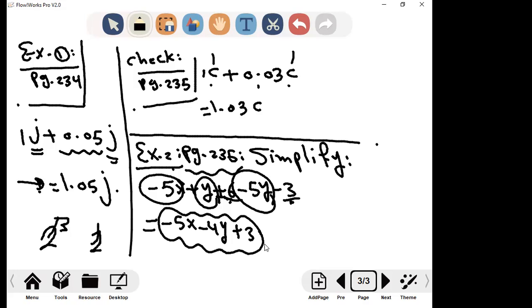Divide on 4. No, you cannot divide on 4.